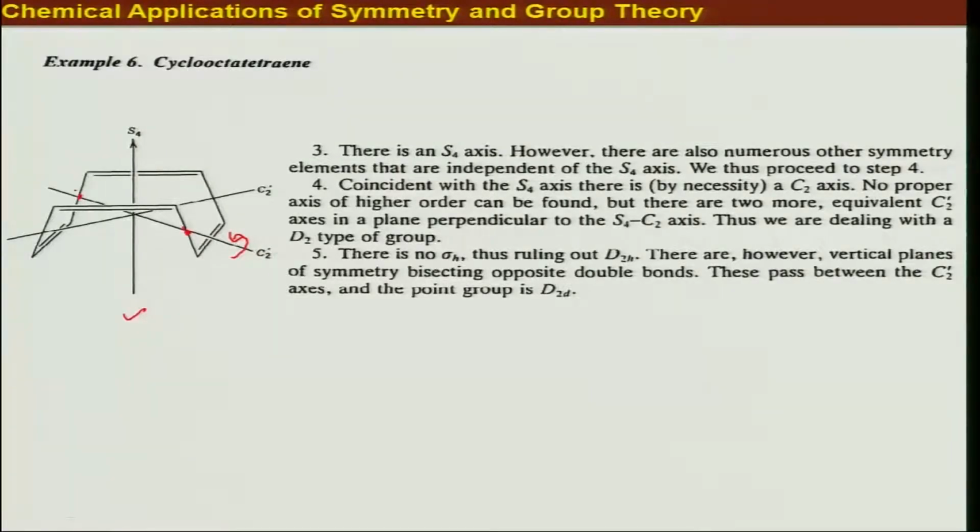This is a C2 axis. If you rotate 120 degrees, you will get back the indistinguishable structure, and so is this axis. So, you have two C2s, and these are perpendicular to this axis, which is S4, and obviously it will have a C2 axis as well coinciding on the same axis. So, you essentially have now a C2 and two perpendicular C2 primes.